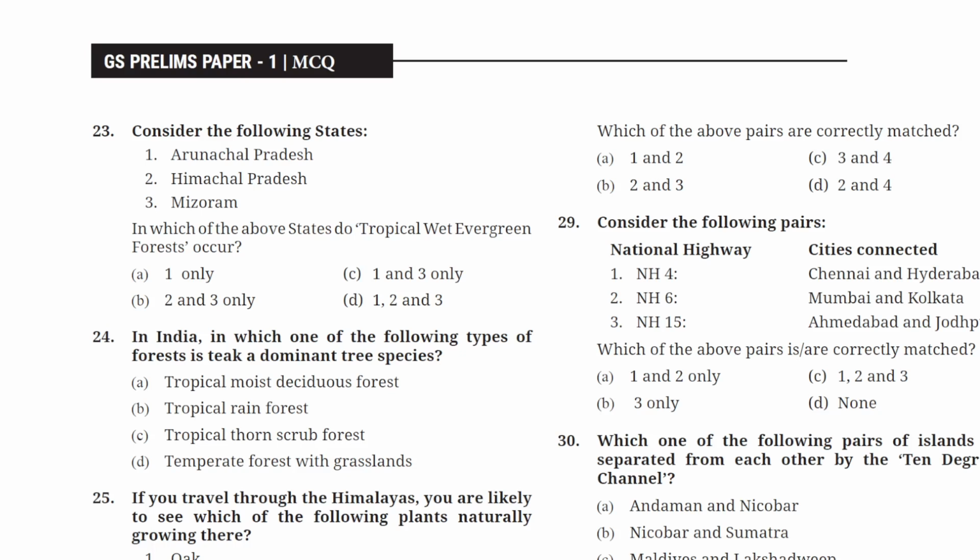Evergreen forests are found on the eastern and western slopes of the Western Ghats in states like Tamil Nadu, Karnataka, Kerala, and Maharashtra. Also found in Assam, Arunachal Pradesh, Meghalaya, Nagaland, Tripura, West Bengal, and the Andaman and Nicobar Islands. So, the answer is 23, C, 1 and 3 only.